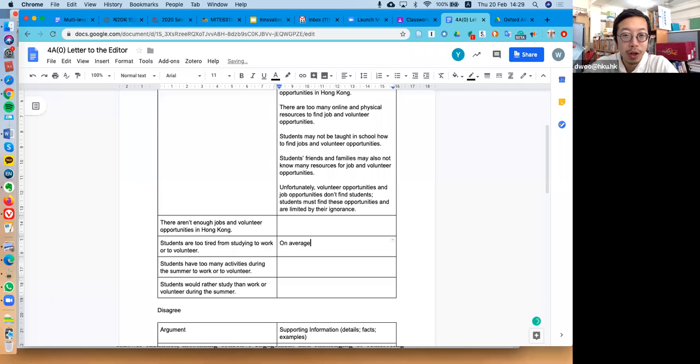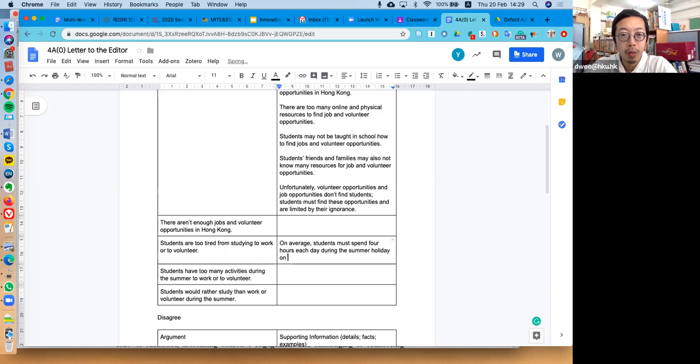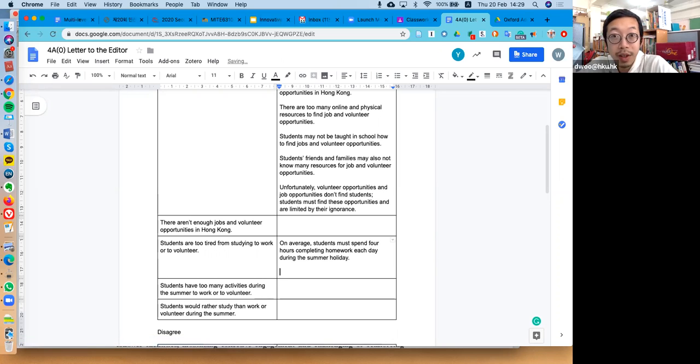On average, students must spend 4 hours each day during the summer holiday on homework. Yeah, that's one. That's a nice example.